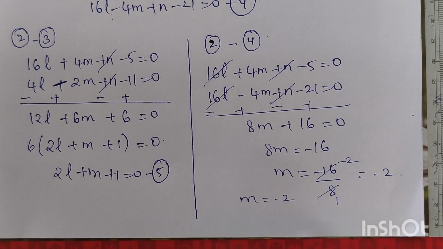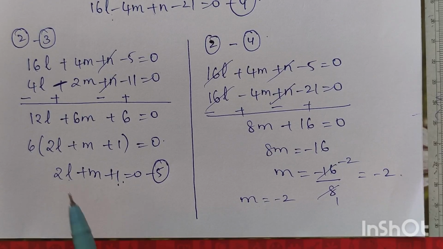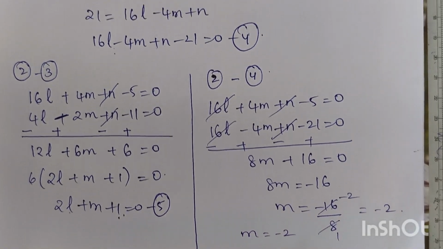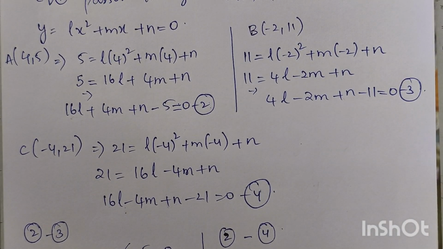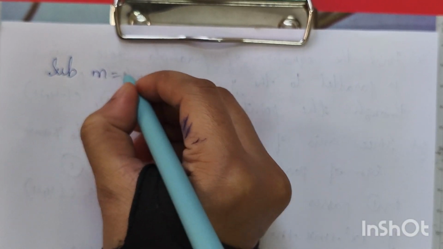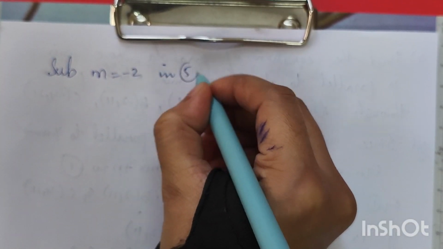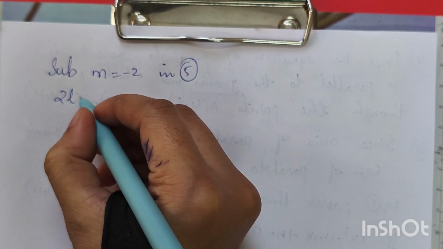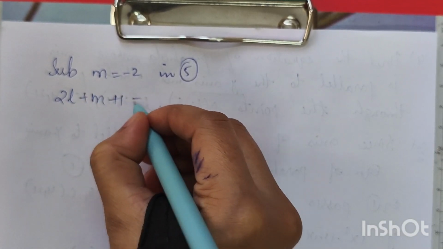Now we substitute m as minus 2 in equation 5 to get the value of l. Equation 5 is 2l plus m plus 1 equals 0.